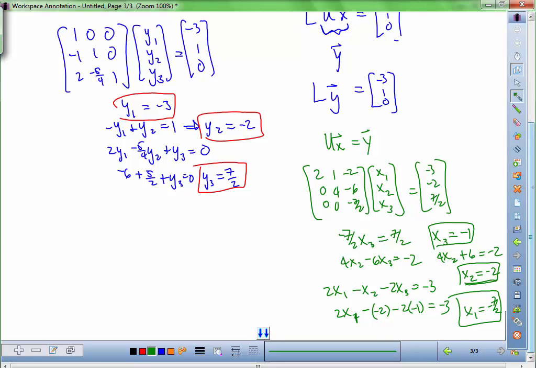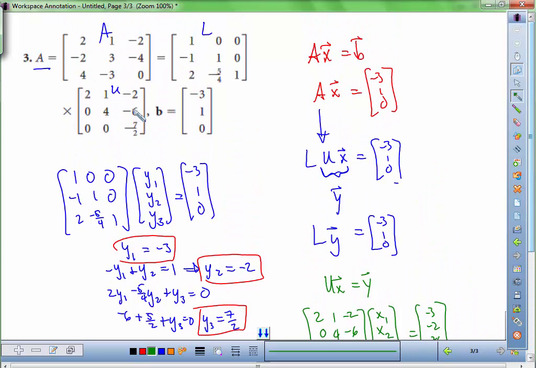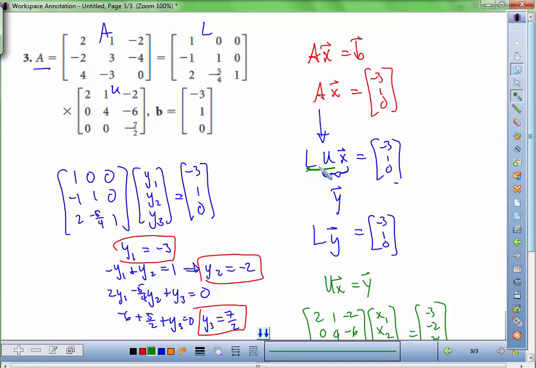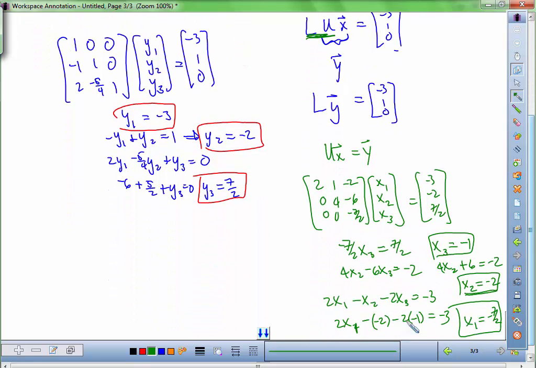U was the upper triangular matrix up here, and then L is the lower triangular. So this should have been better if it was all in one line, but they had it down the next line. So it's the LU decomposition over here that we're taking, and by using the LU decomposition, the idea is that solving a linear system like this becomes a little bit easier. A lot easier?